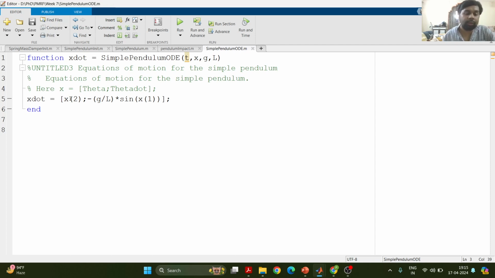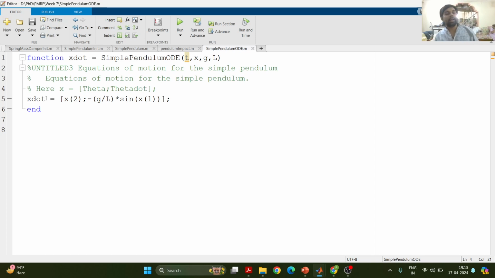So here the first differential equation is theta dot is equal to s, and s dot is minus g by l sine theta. Since theta dot is equal to s, our state vector has two values. Theta is x of 1, and the second value is theta dot.